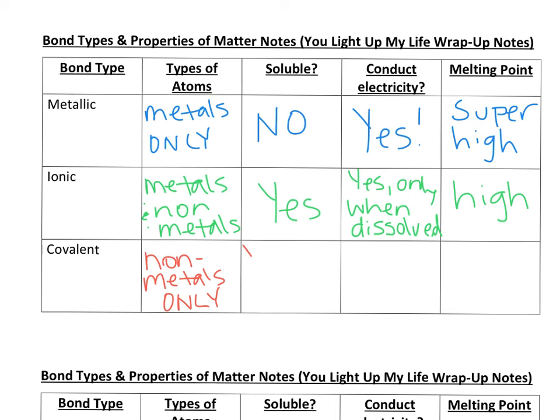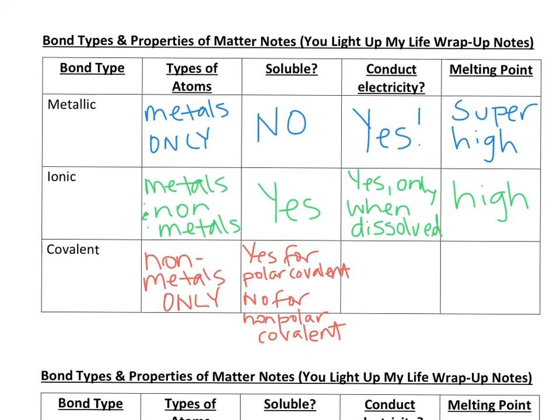Okay, so we're going to say yes for polar covalent, and then no for the non-polar covalent. So that was the wax and the sand. Okay, so covalent substances, some of them will dissolve and some of them will not. The ones that do dissolve are the polar covalent ones, and the ones that don't dissolve are the non-polar covalent ones.